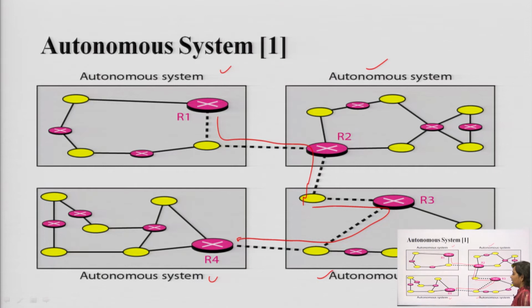These 4 independent networks are connected through routers: this is router 1, router 2, router 3, and this one is router 4. This is how the data will flow from one autonomous system to another. This is the concept used for autonomous systems.